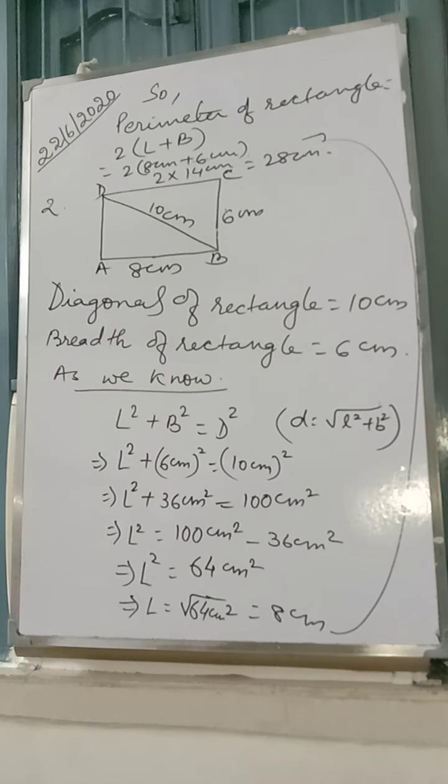Look at question number 3. It says the area of a small rectangular plot is 88 meters square. If the difference between its length and its breadth is 3 centimeter, find its perimeter.